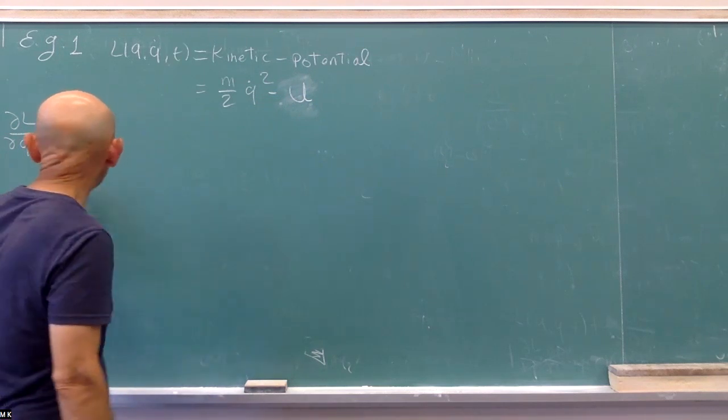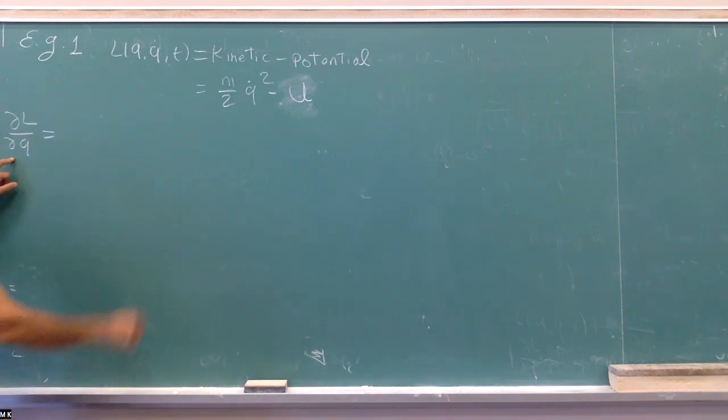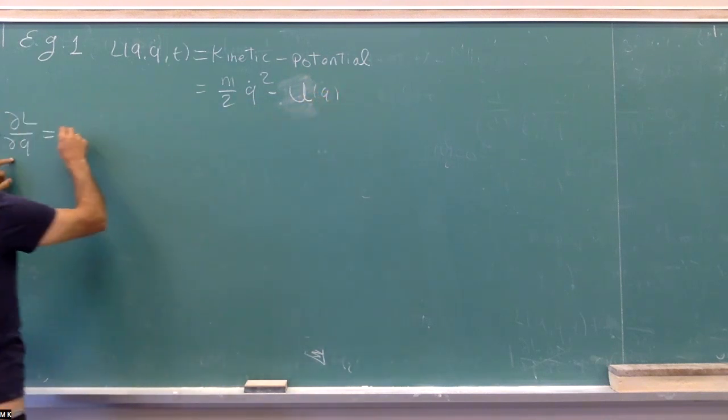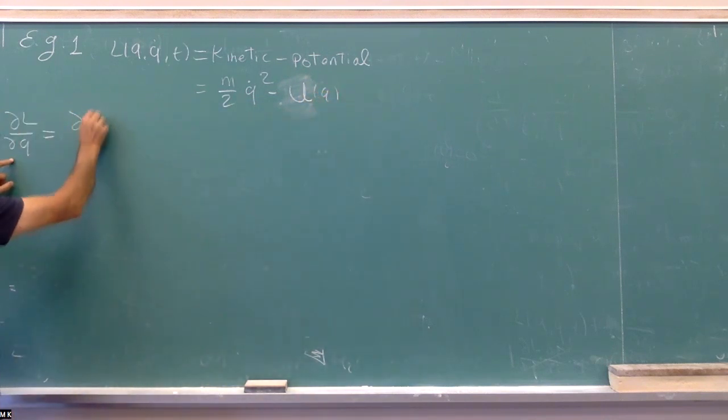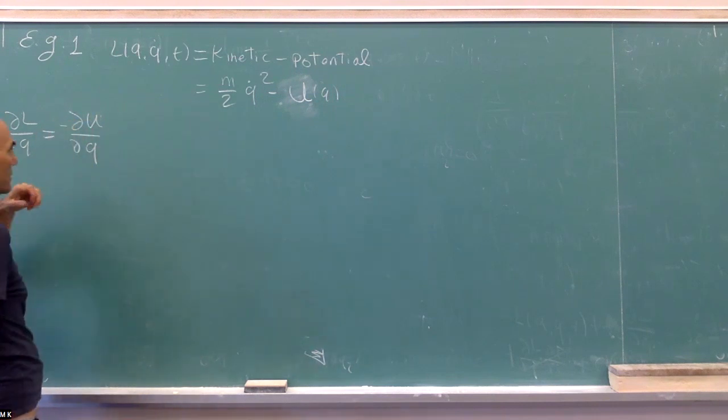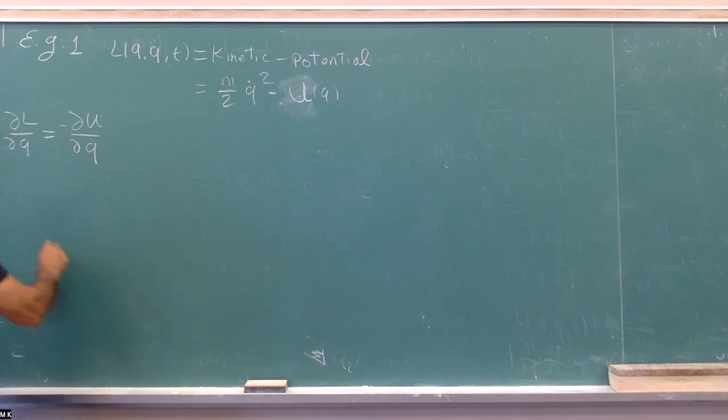Right, so ∂L/∂q now is, because this is a function of q after all, equal to minus dU/dq. There's a negative sign there. And ∂L/∂q dot obviously is equal to m q dot.